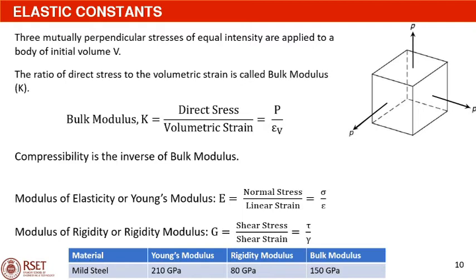The elastic constant values for a material mild steel or structural steel are Young's modulus 210 gigapascal, rigidity modulus 80 gigapascal, and bulk modulus 150 gigapascal.